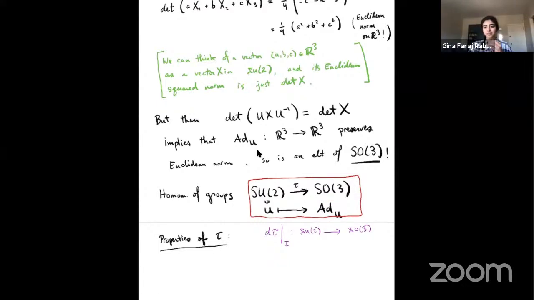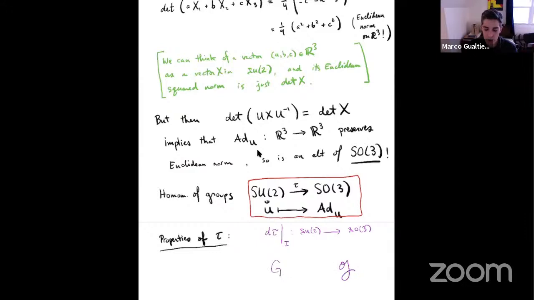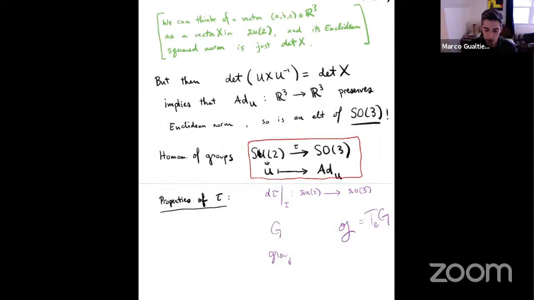On SO3? No. Every Lie group has a Lie algebra, which is the tangent space to the identity element of G. This is a group. This is a vector space. And it turns out that every group element, little g, determines an operator which is called Ad g, which acts on this vector space.